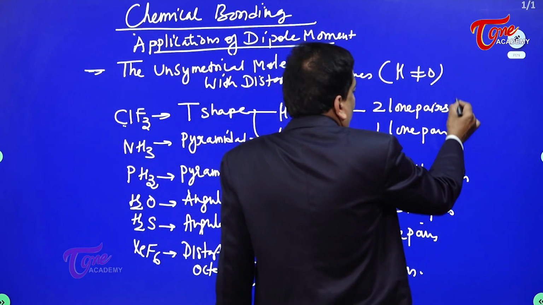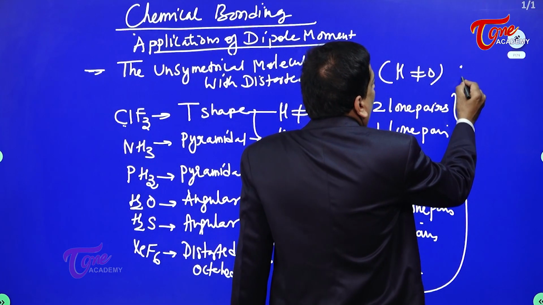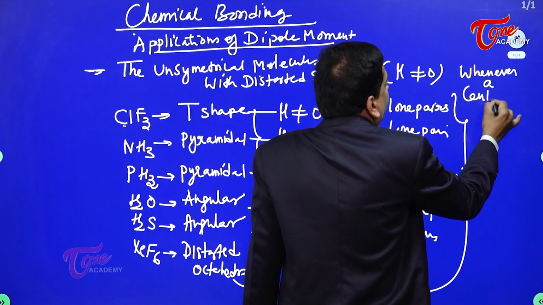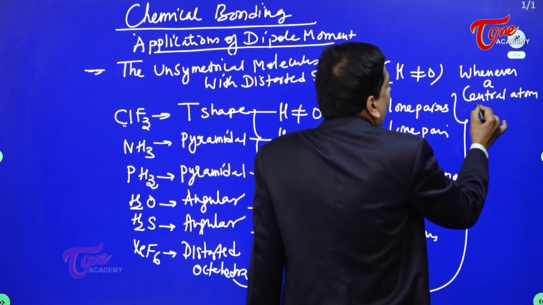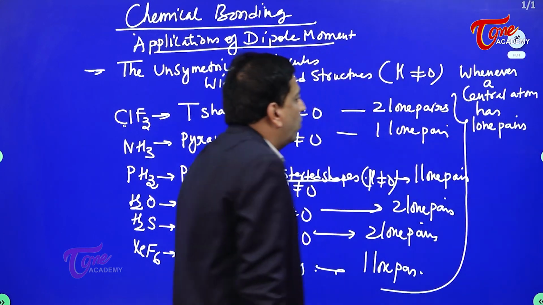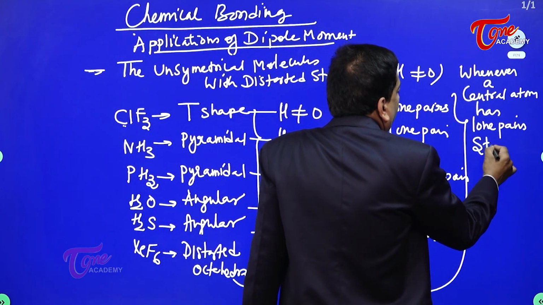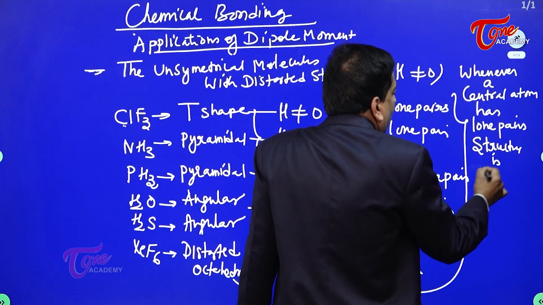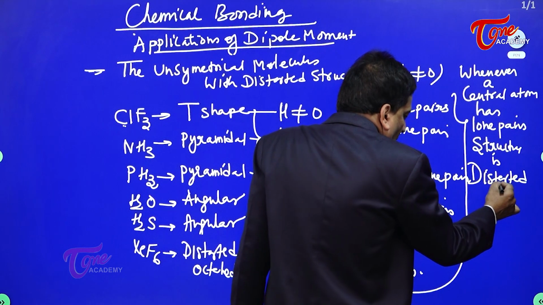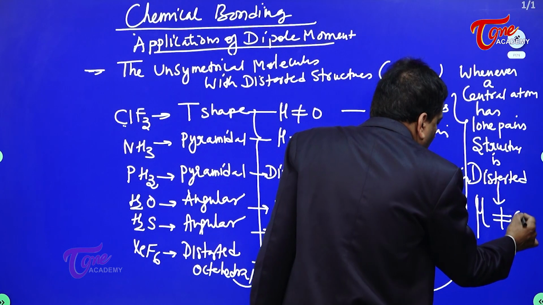And we were told, whenever a central atom has lone pairs, the structure is basically distorted. Then for all distorted structures, the mu value is not equal to 0.